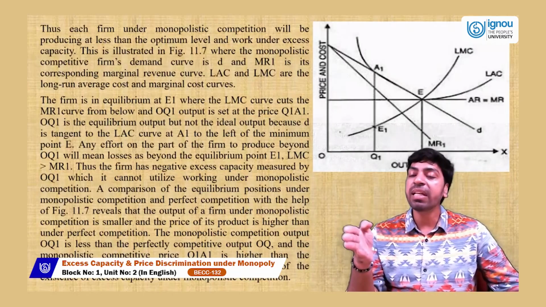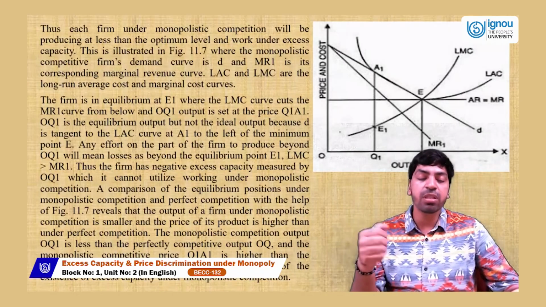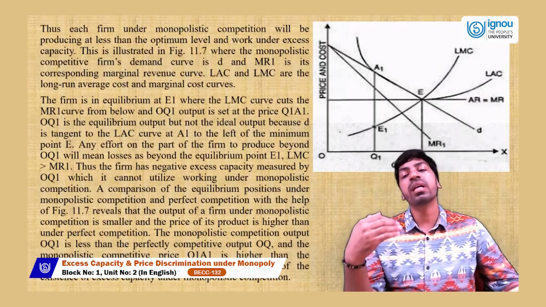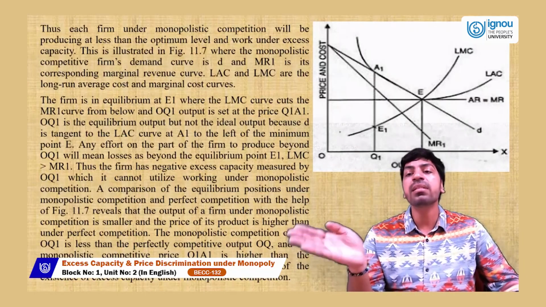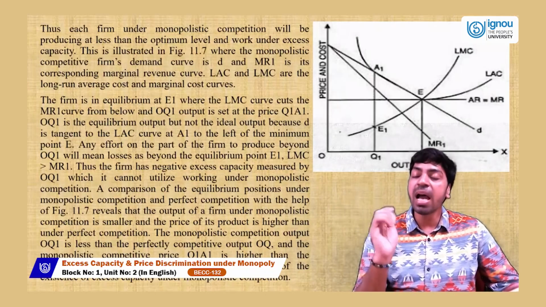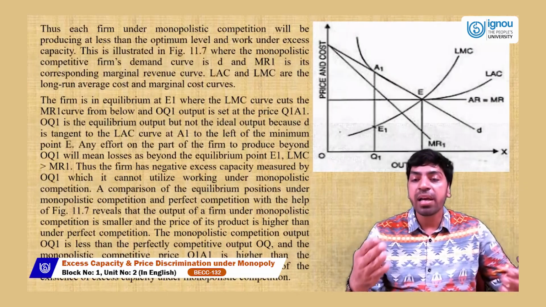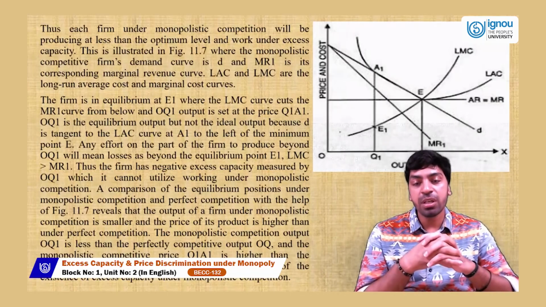So in the case of perfect competition, the firms will produce the ideal output at a lower price, but under monopolistic competition higher prices will be charged.